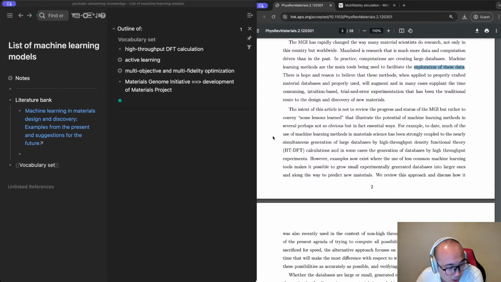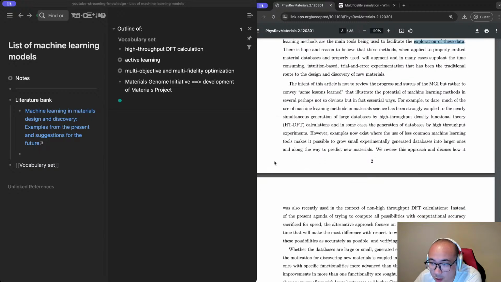Convey some lessons learned. For example, to date, much of the use of machine learning methods has been strongly coupled to nearly simultaneous generation of large databases.